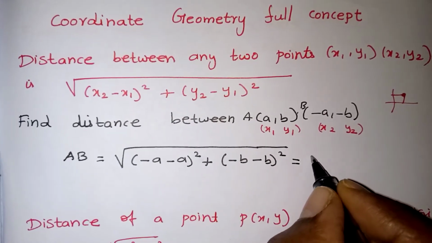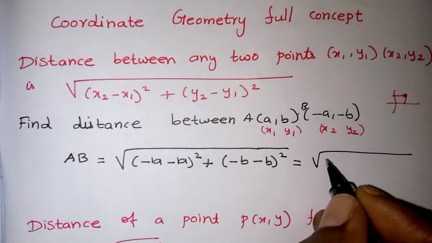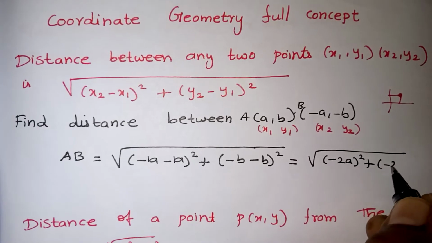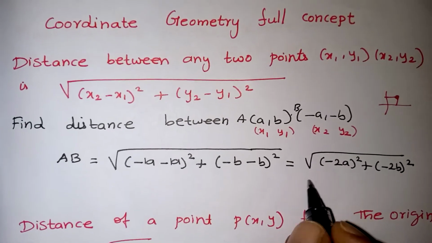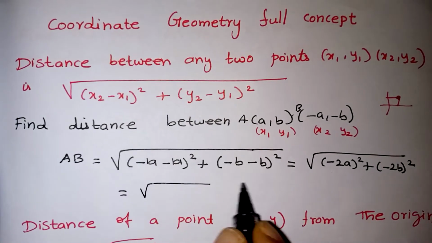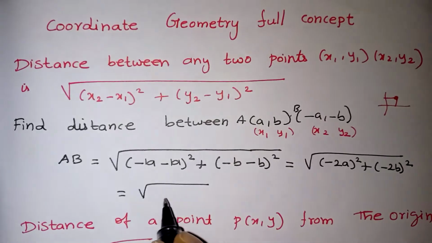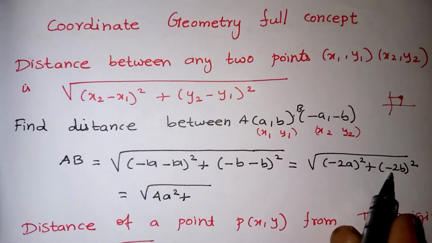Now simplification: root of minus A minus A, when we add, is minus 2A the whole square, plus minus 2B the whole square. When we square, the minus becomes plus. 2 squared becomes 4, that is 4A squared plus 4B squared.